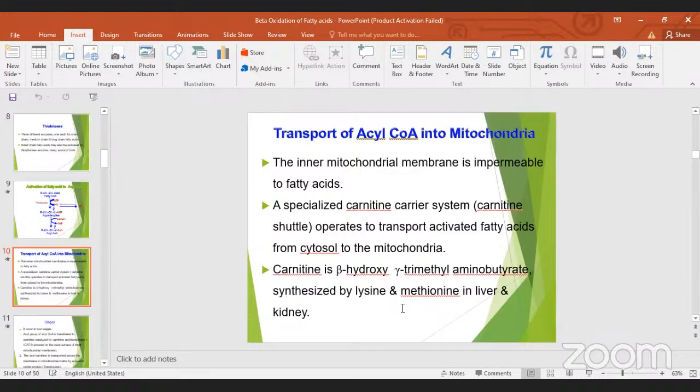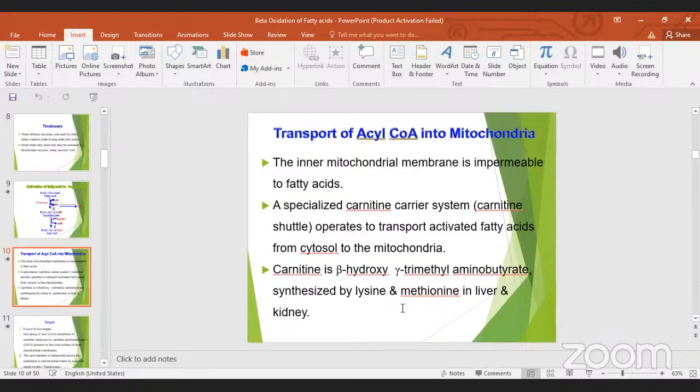Now these fatty acyl CoAs enter from cytoplasm to mitochondria. The inner mitochondrial membrane is impermeable to fatty acids.